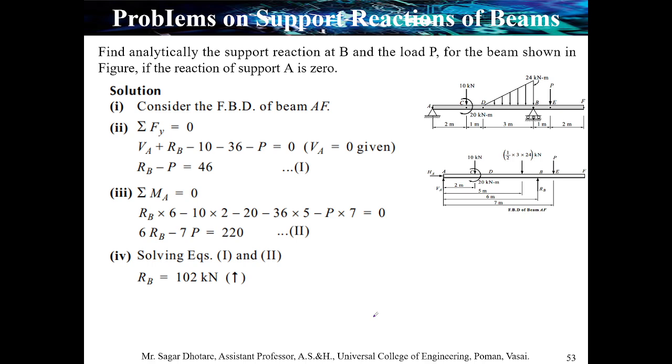By solving equations 1 and 2, we get RB is equal to 102 kilonewton and P is equal to 56 kilonewton.